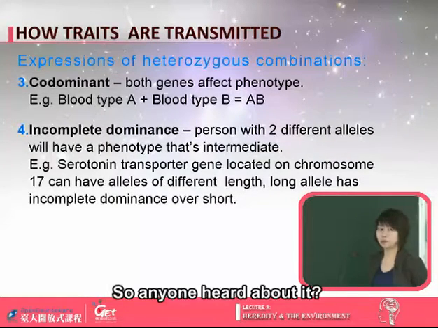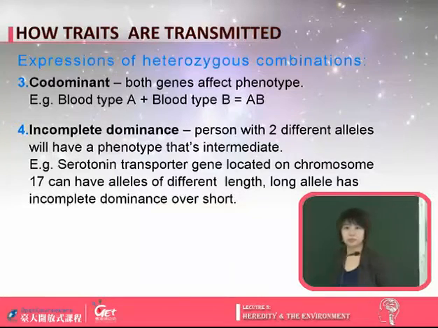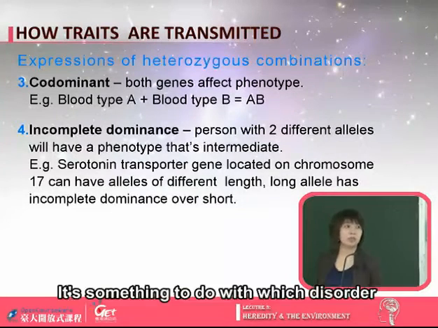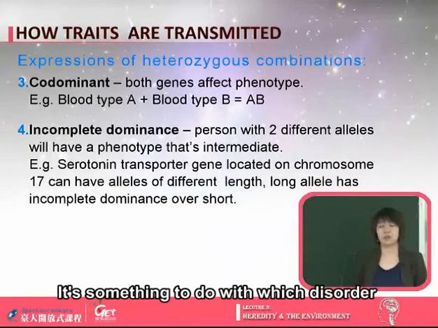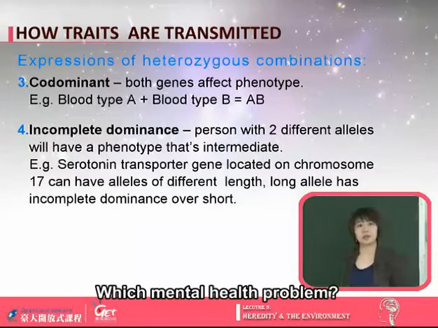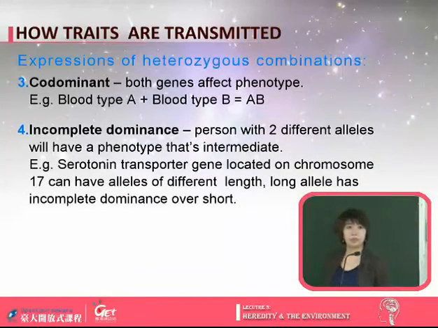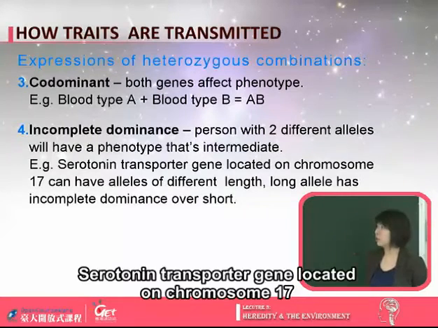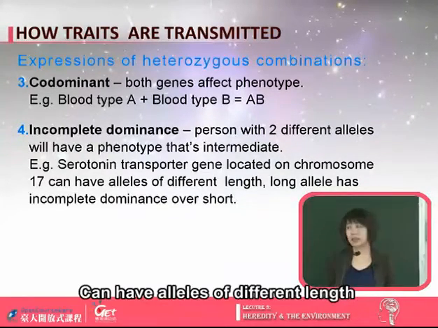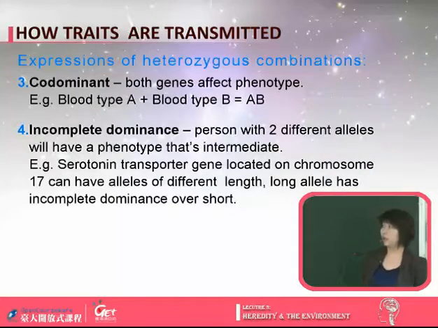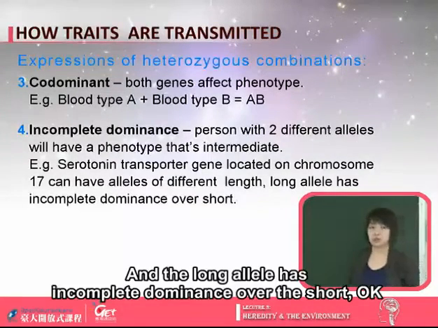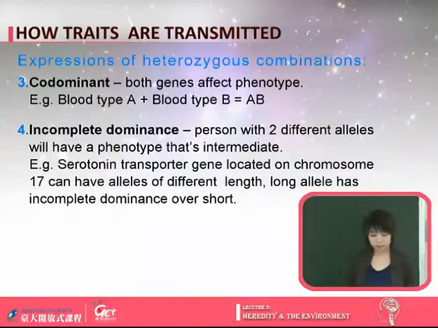Has anyone heard about it? It's something to do with which disorder, which mental health problem? Depression. Okay? Serotonin transporter gene located on chromosome 17 can have alleles of different length, and the long allele has incomplete dominance over the short. Okay?